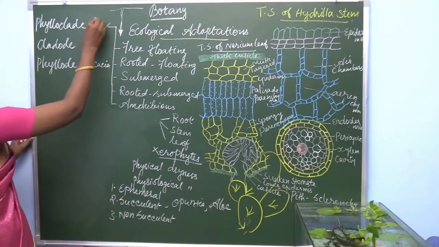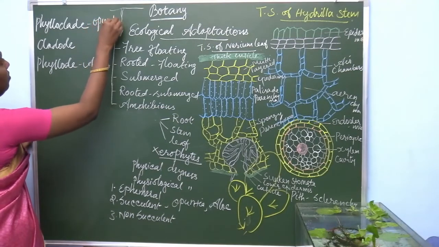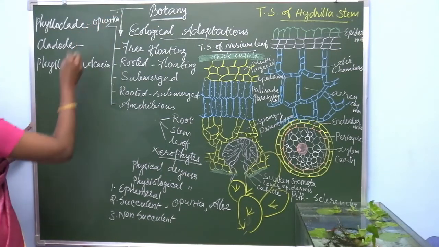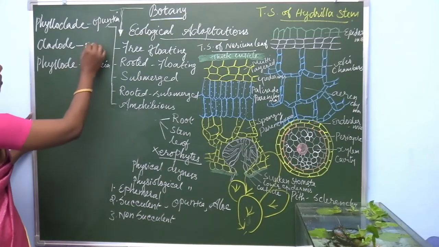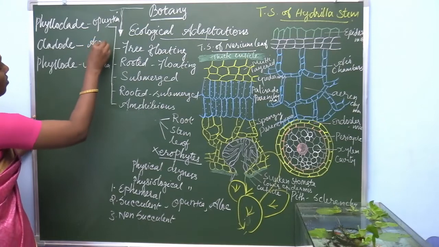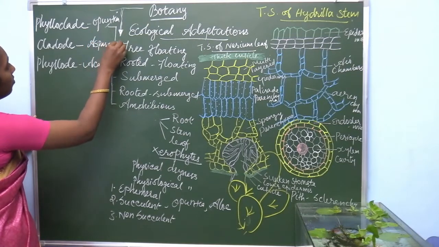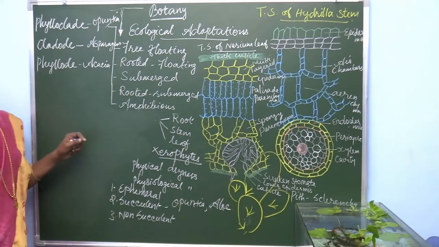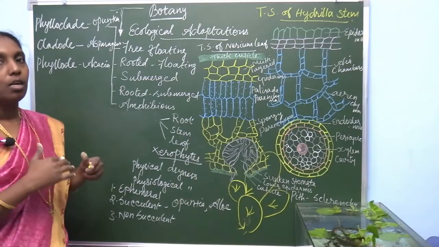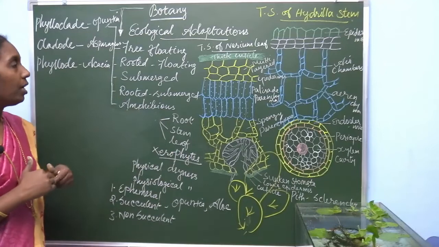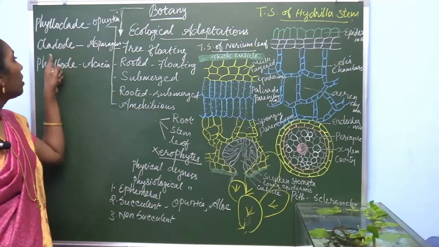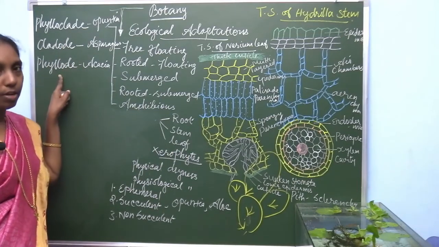Phylloclade, Opuntia, cladode, asparagus. So, asparagus, the modification is cladode. So, the stem part, the aerial part, is modified in such a way: phylloclade, cladode and phyllodes.